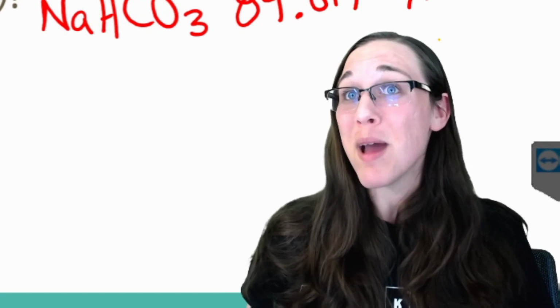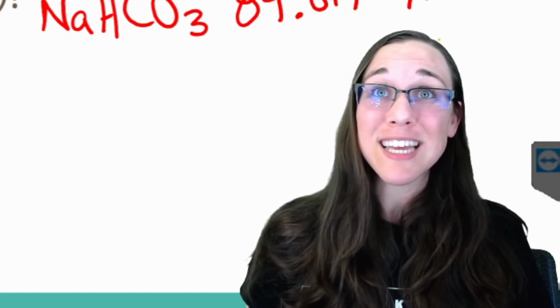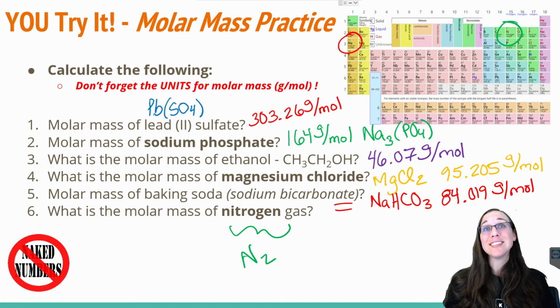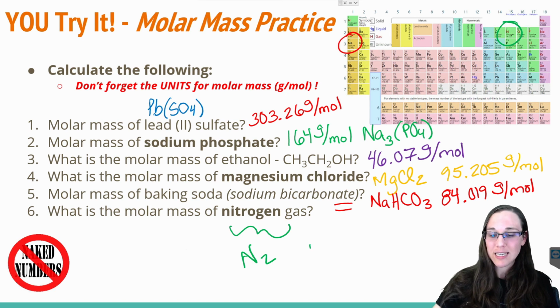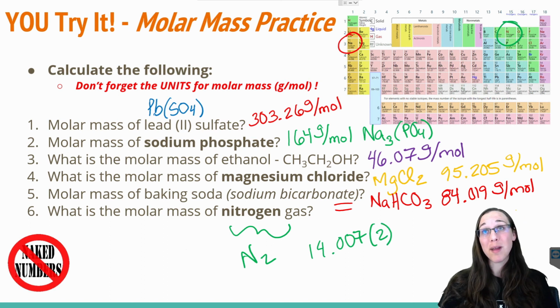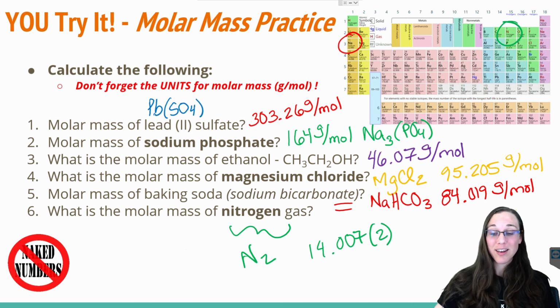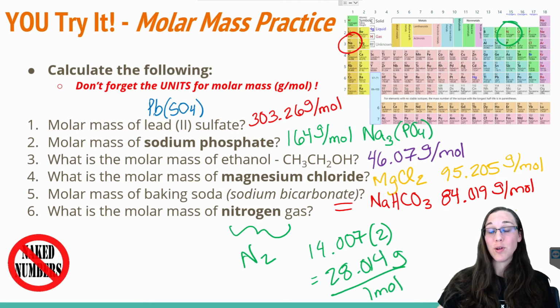So if you didn't remember that that's a diatomic, you would get this answer wrong. Nitrogen gas, diatomic, multiply 14.007 times 2 for the molar mass of nitrogen gas. And we end up with 28.014 grams per mole. If we wanted 1 mole of nitrogen gas, we would weigh out 28.014 grams of it.